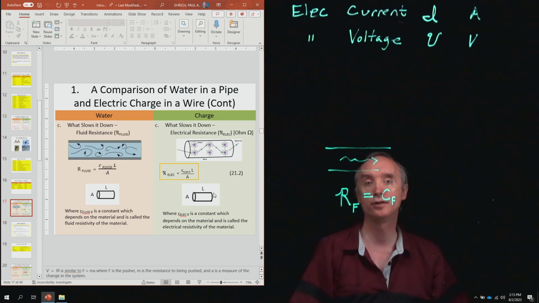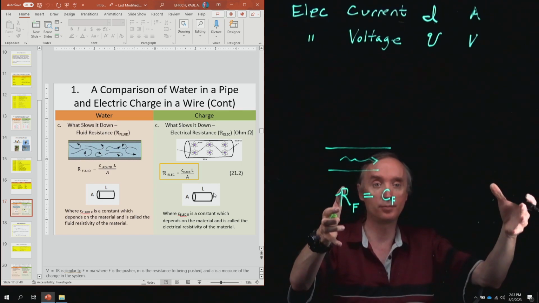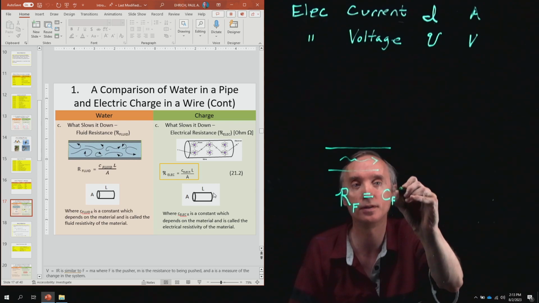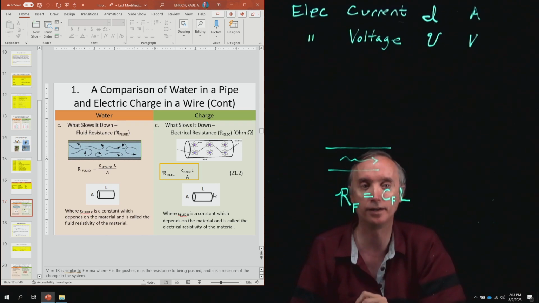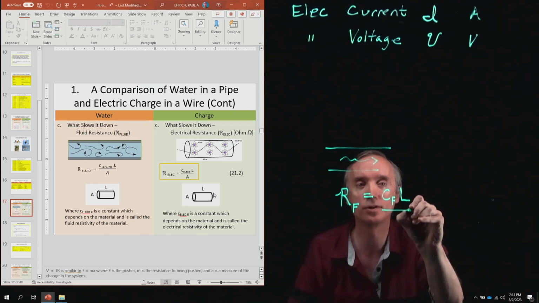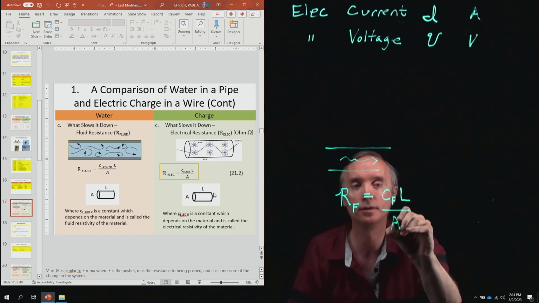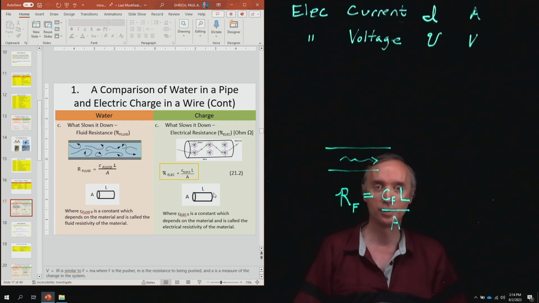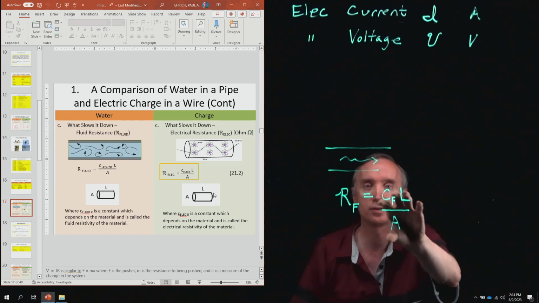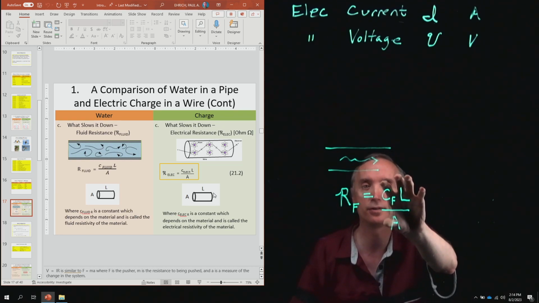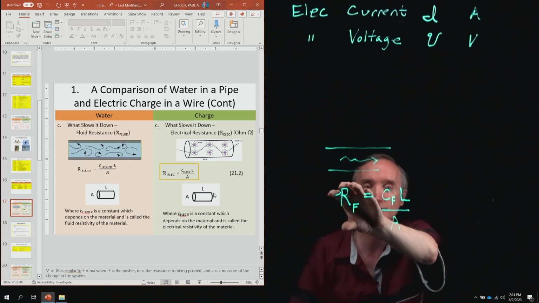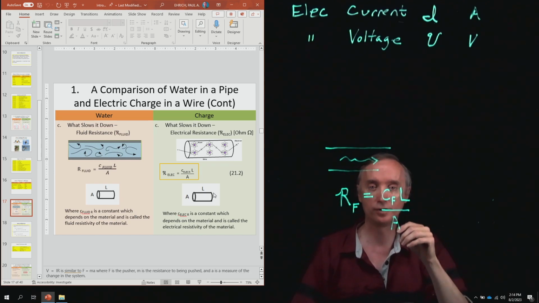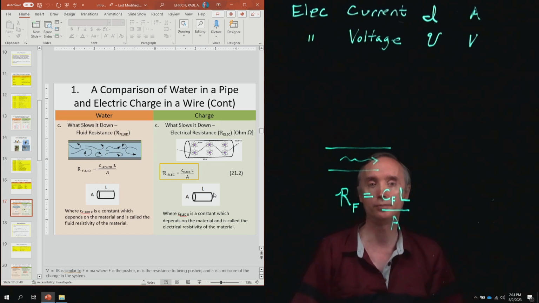It's also going to depend on how long the pipe is, so that is going to be the letter L for length. And then it's also going to depend on the area of the pipe, which is going to be capital A. So when you take all of these things and put them together, this is going to be the resistance to the flow of a liquid in a pipe.